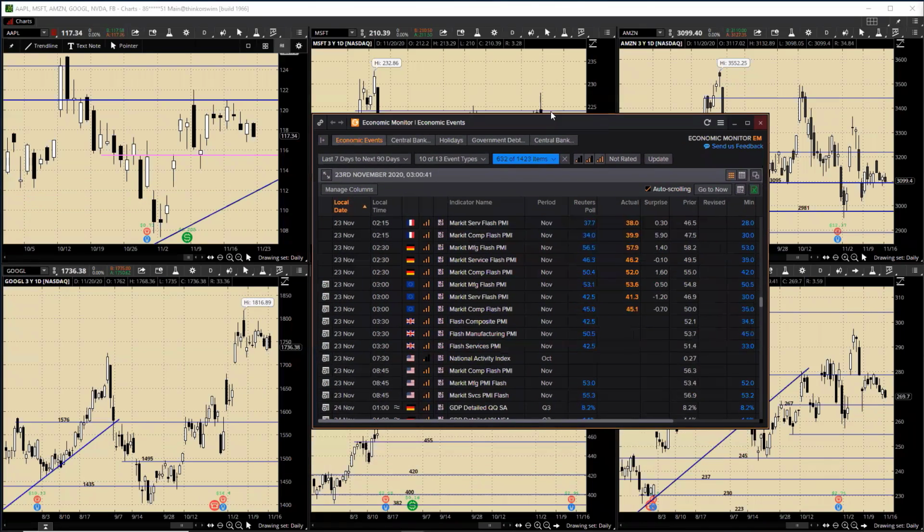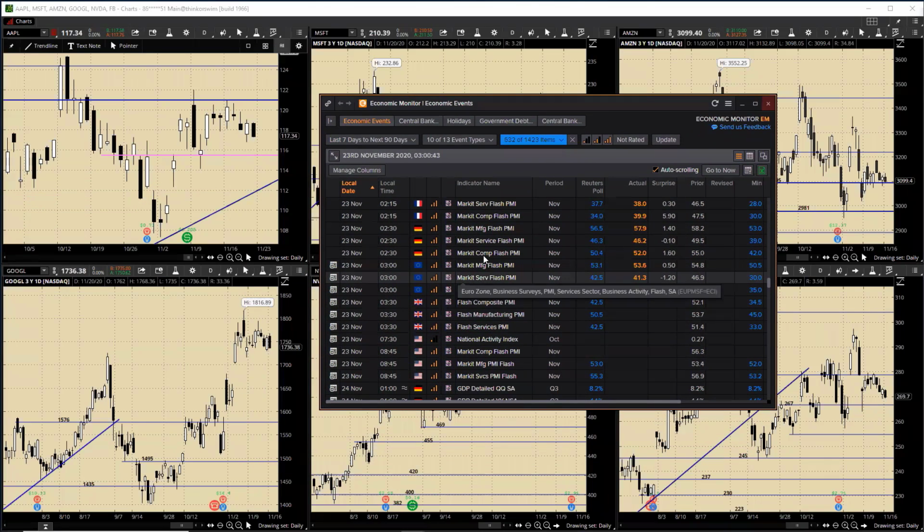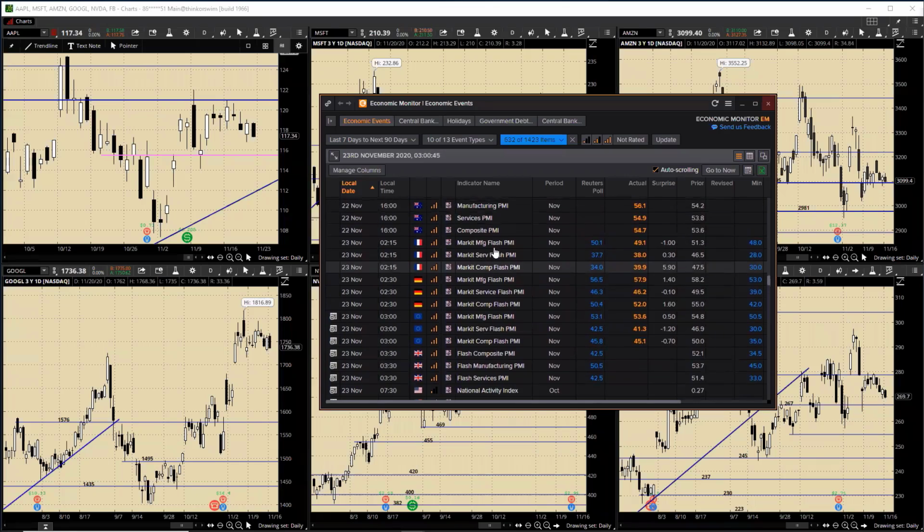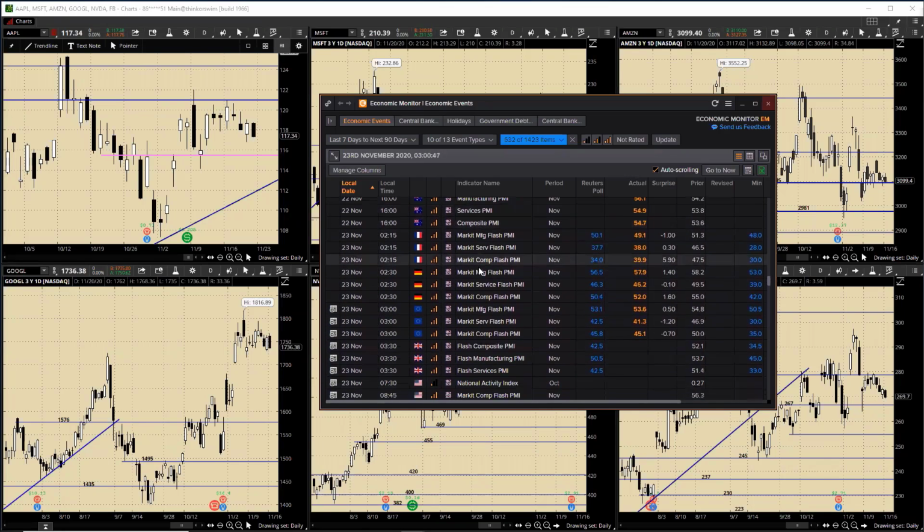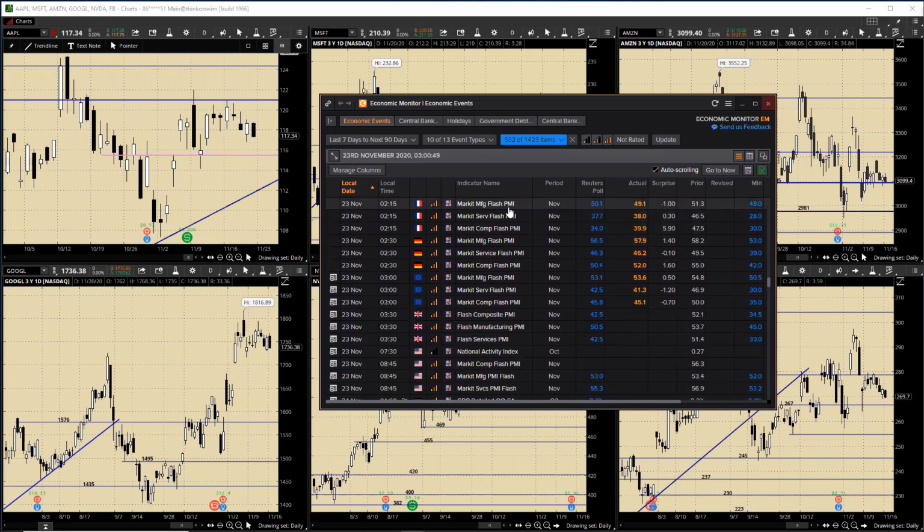And we're seeing some data that has come out over the squawk. We did get manufacturing flash PMI earlier out of France, which came in just a bit weaker at 49 versus 50, with services just a tad bit stronger.